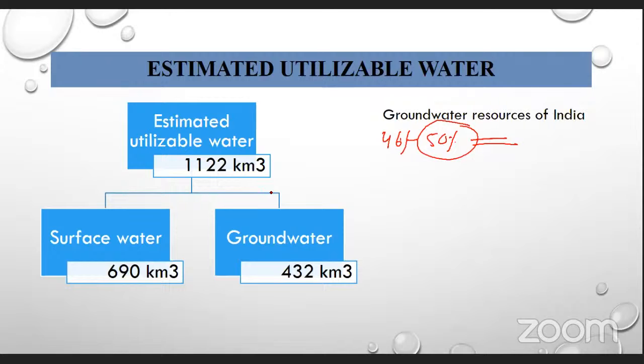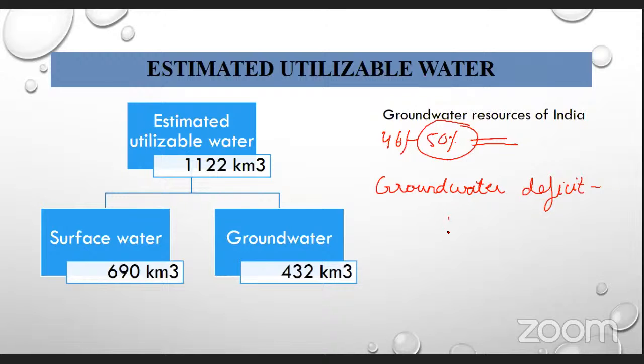And if someone asks you which state is the groundwater deficient state, meaning the state using groundwater mostly for irrigation, because of which groundwater deficit will occur in that state.